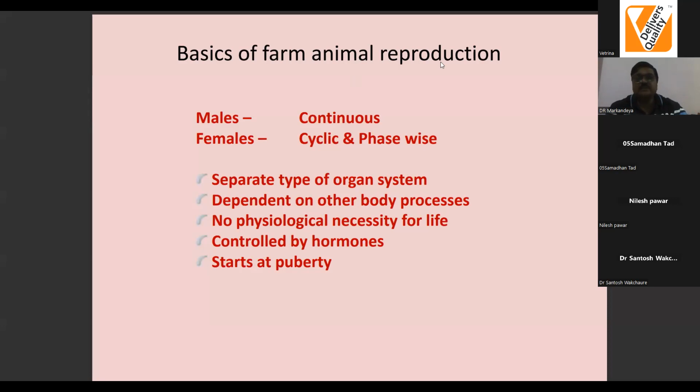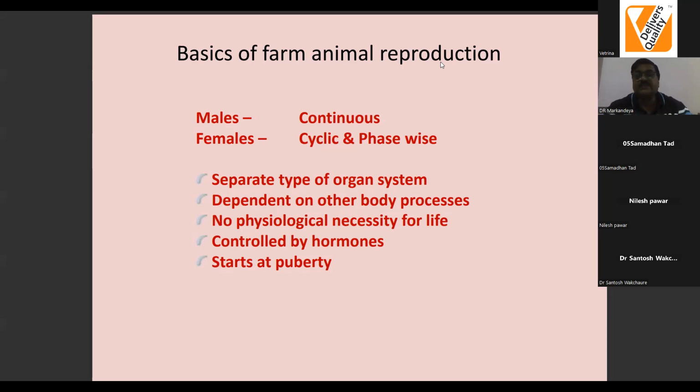Number 1, separate organ systems in males and females. This is the only system in the body which is different in males and females. Otherwise, digestive system, nervous system, vascular system, any system is exactly the same. Even our musculoskeletal system is the same.